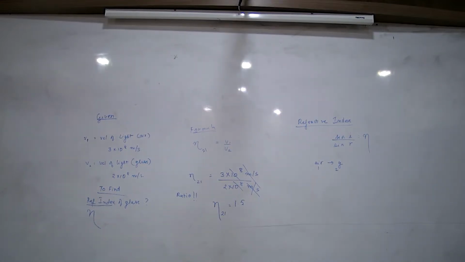Are we okay till here? Now, if you look at the chart that they have given, did you see refractive index? There is no unit there. Make a note of it in your textbook itself. No units for refractive index because it's a ratio.